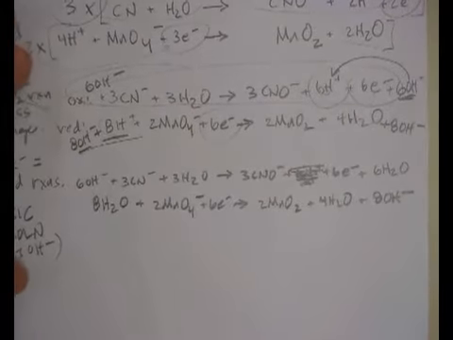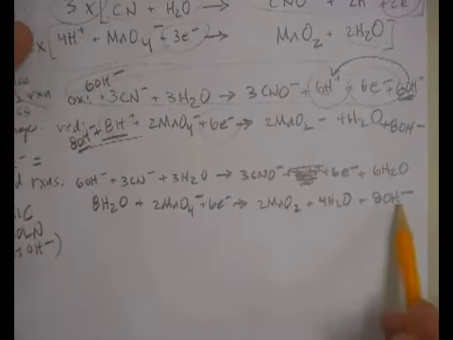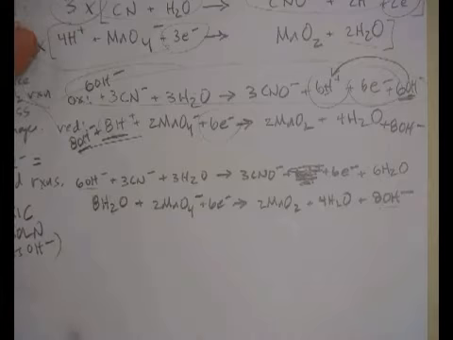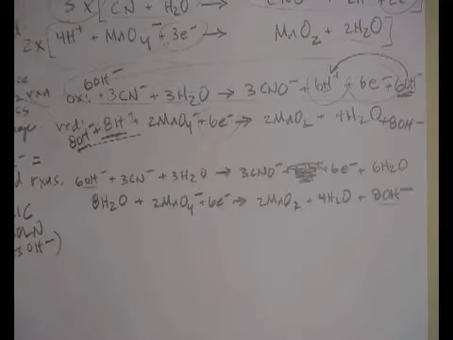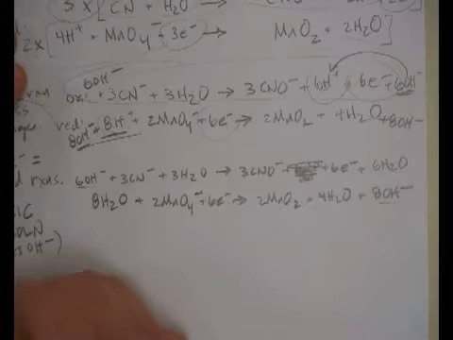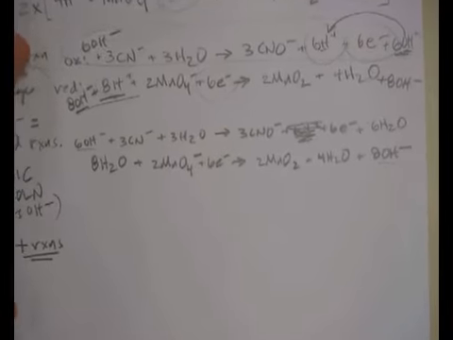Now I've taken care of it being in basic solution because I've got lots of OH minus here and lots of OH minus here. And now I'm on to the normal step that I did with an acidic reaction, and that's step number 5. Add the half reactions together to get the overall balanced reaction.